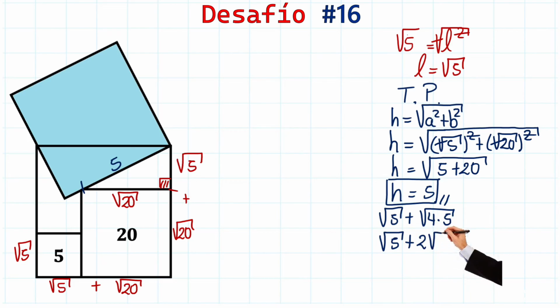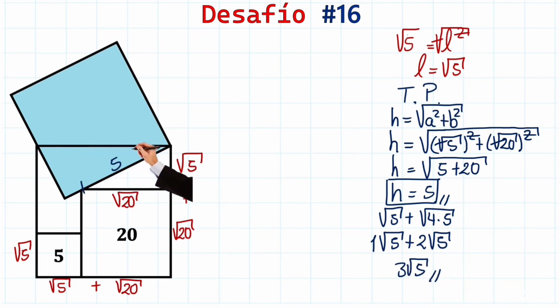And inside the root, we're left with this 5 here. Amazing, right? Now if we add 1 square root of 5 plus 2 square roots of 5, we get 3 times the square root of 5. Amazing. So this part here is 3 times the square root of 5.